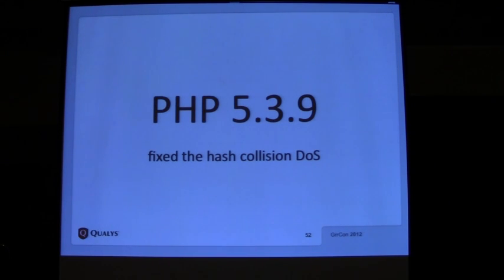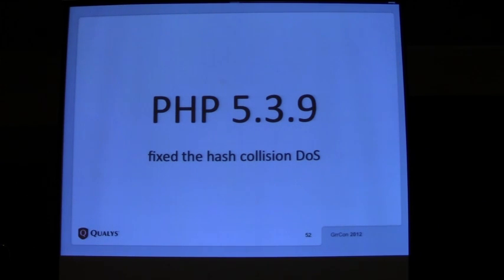Even Microsoft had a patch for this. Microsoft fixed it with MS11-100. Also, Tomcat had a patch for it. What a hash collision denial of service vulnerability basically is, you have a web server and you bombard it with lots and lots of POST variables.